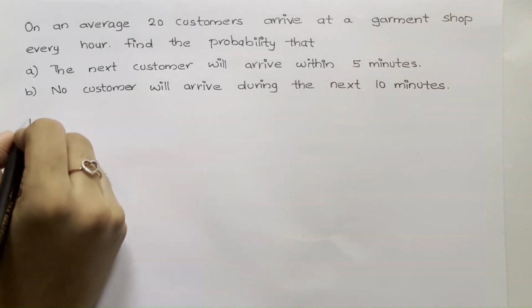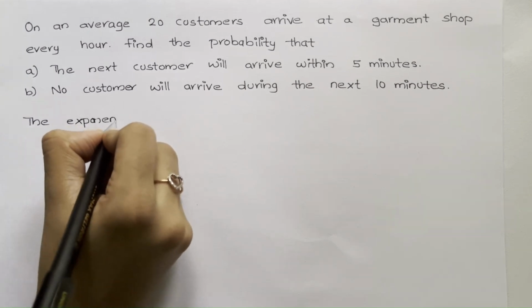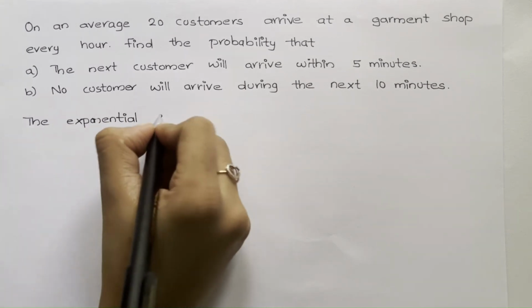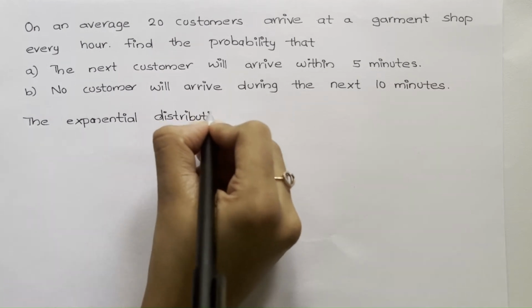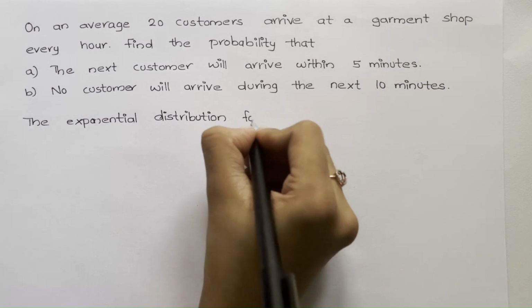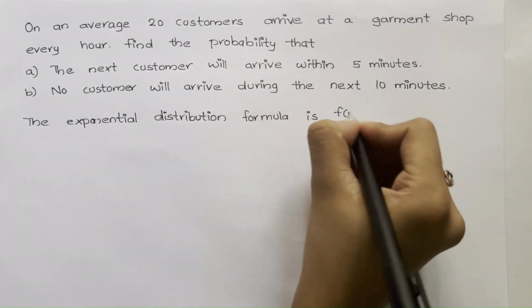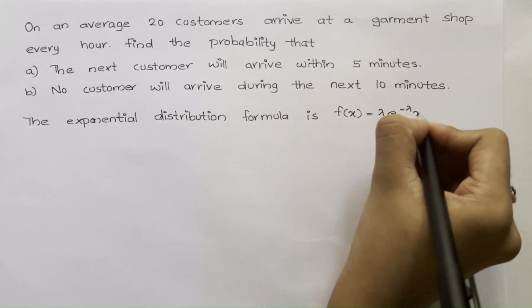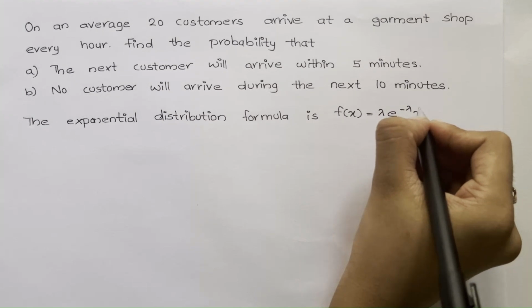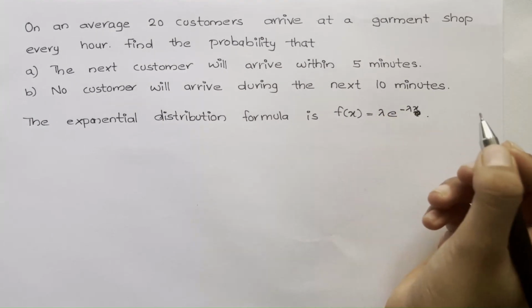We know that the exponential distribution formula is f of x equal to lambda e raised to minus lambda x for every x greater than 0.